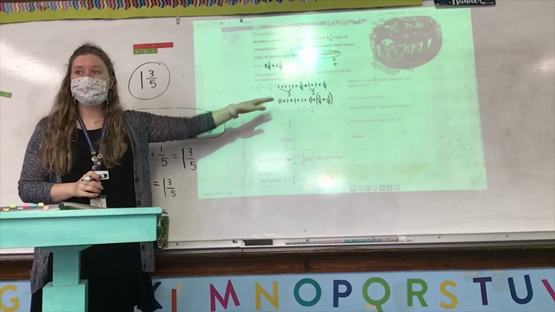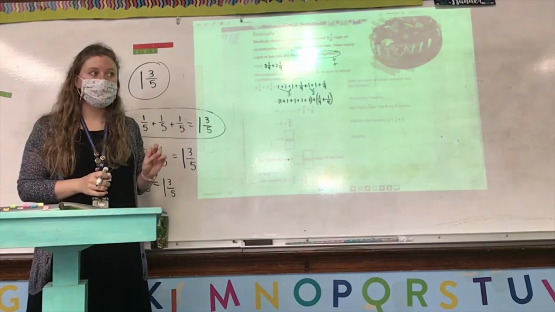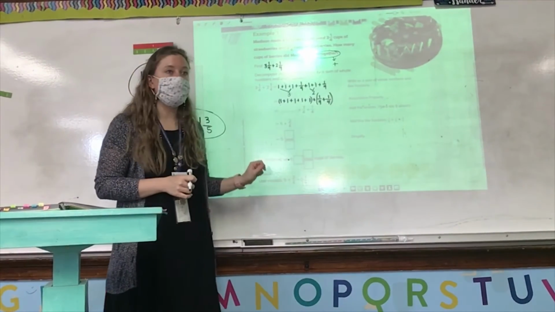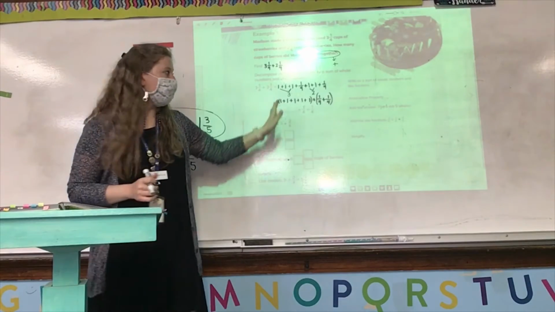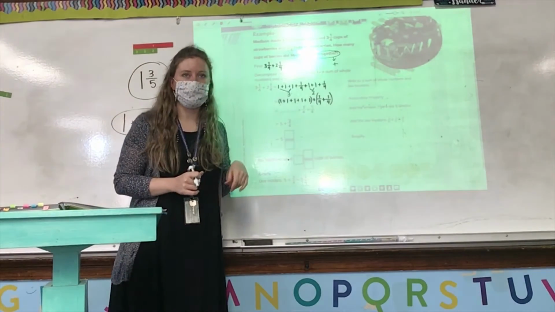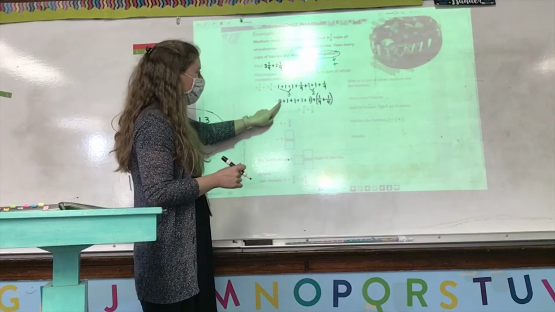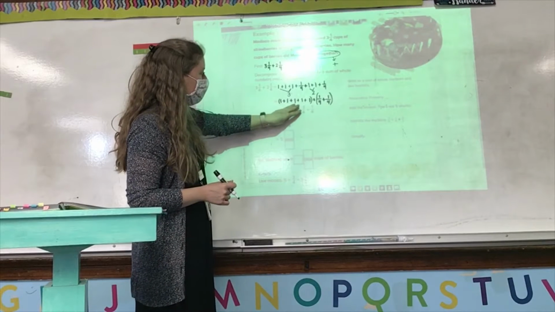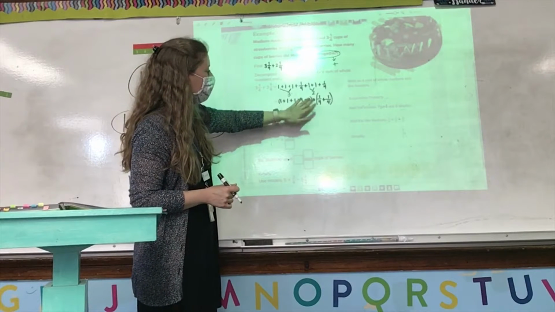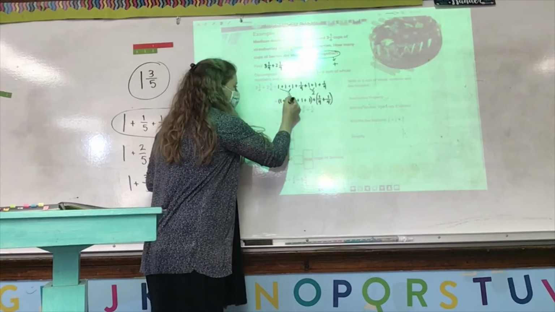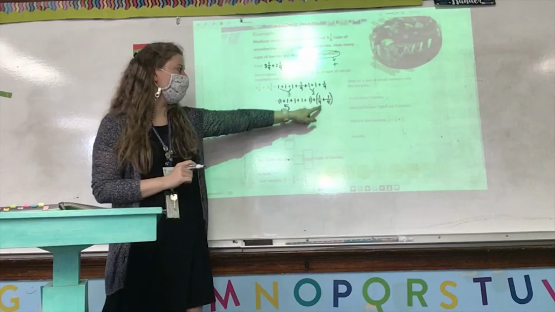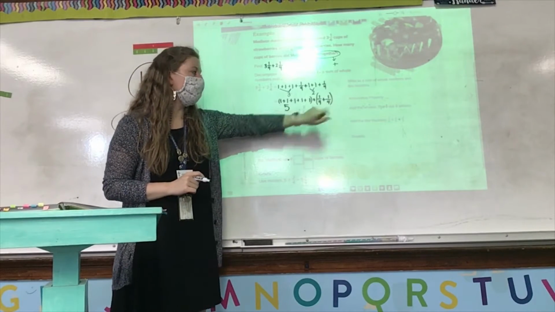Now this is much easier to do all at once. I just add all of my whole numbers and I add my unit fractions without having to skip or anything like that. So class, 1 plus 1 plus 1 plus 1 plus 1 is 5. And then they brought down their plus 1/4 plus 1/4.